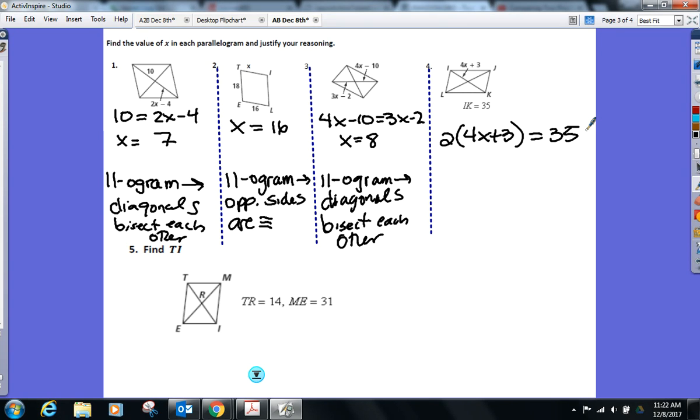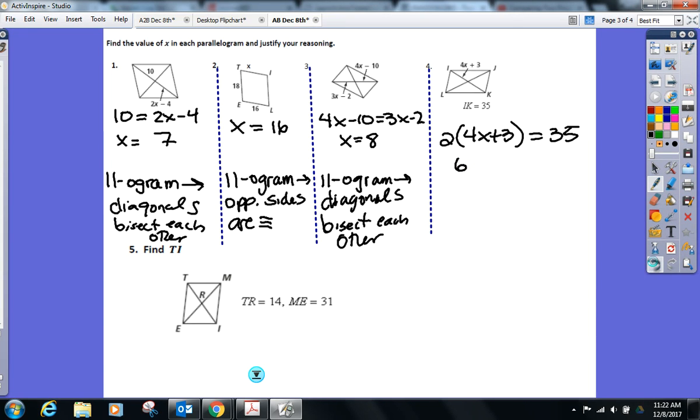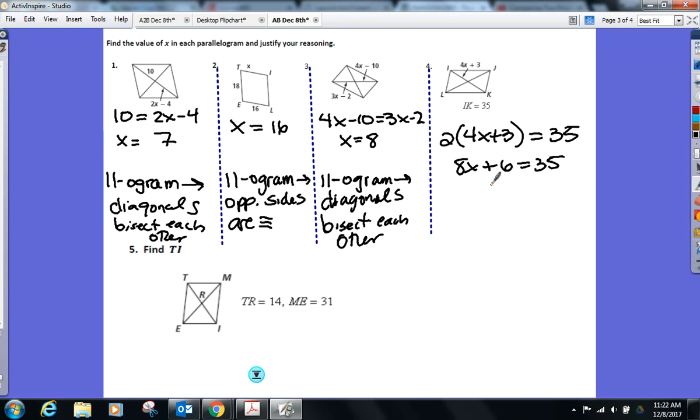Whenever you're ready there, Evan, let me know. It does come out to be a decimal, so don't freak out. Nice job. And again, parallelogram implies diagonals bisect each other.